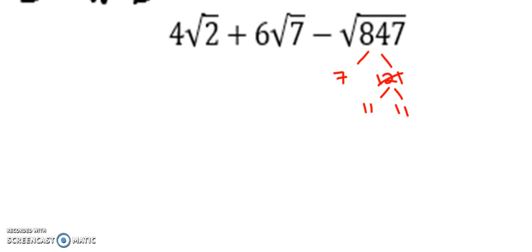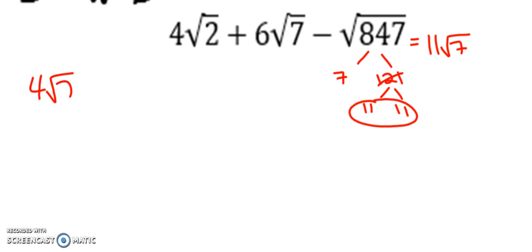I know I'm circling pairs because it's a square root. So the square root of 847 is equivalent to 11 times the square root of 7. So now I'm just going to rewrite my problem. 4 times the square root of 2 plus 6 times the square root of 7 minus 11 square root of 7.